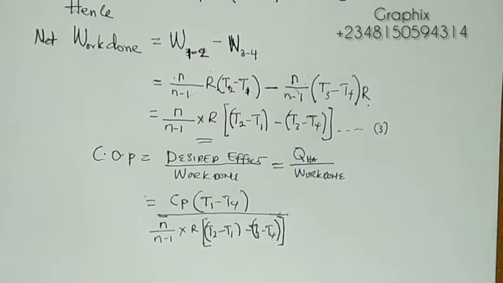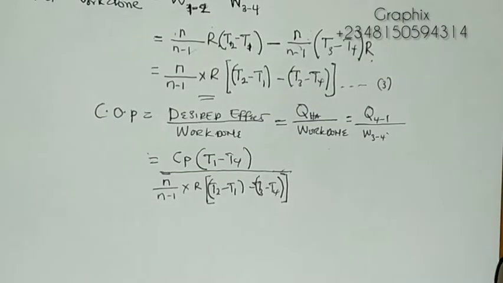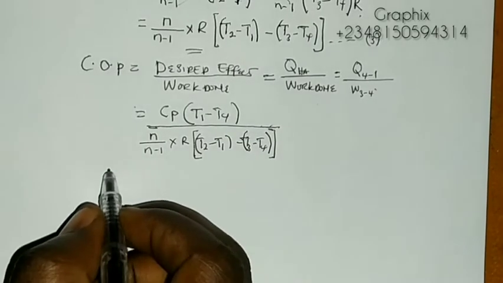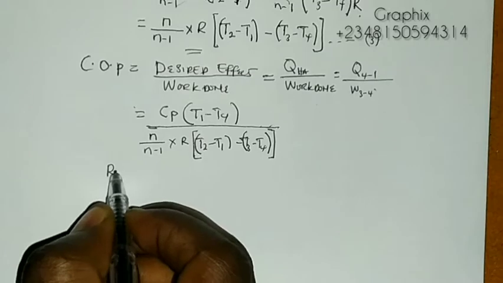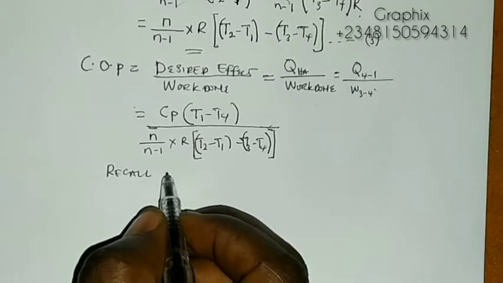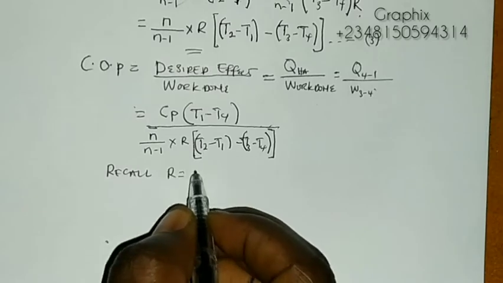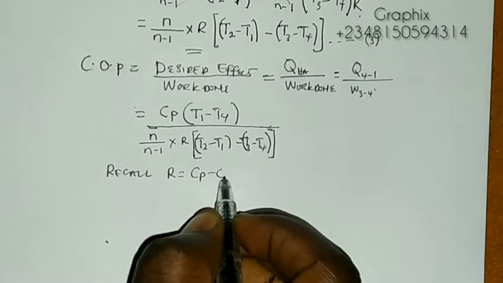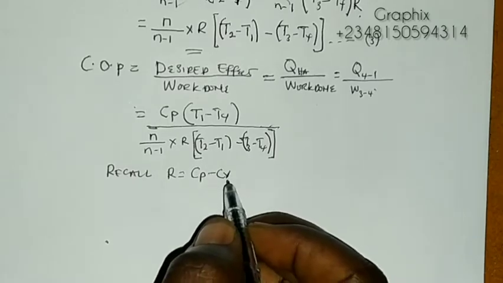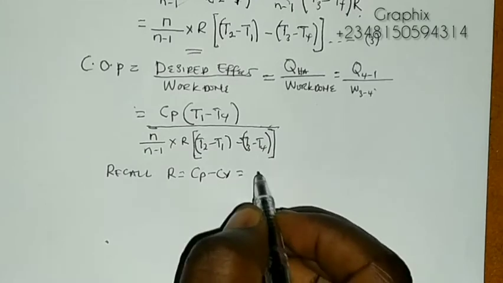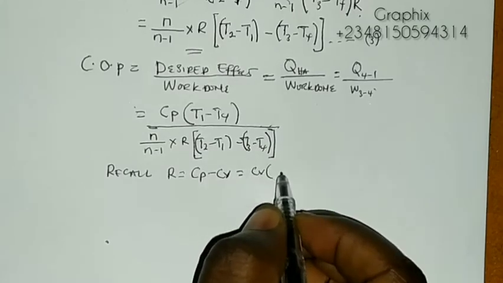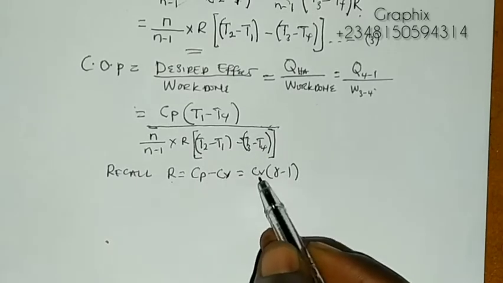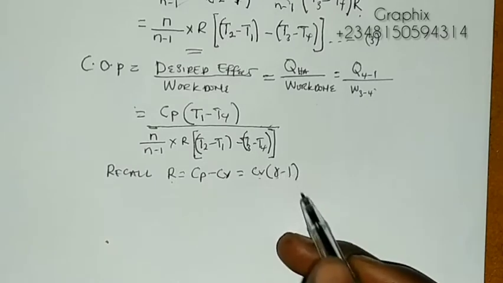Alright, so from here, recall that R is equal to what? Cp minus Cv, which is also equal to what? Cv into bracket gamma minus 1. So anywhere I see R, I'll put Cv into bracket gamma minus 1.